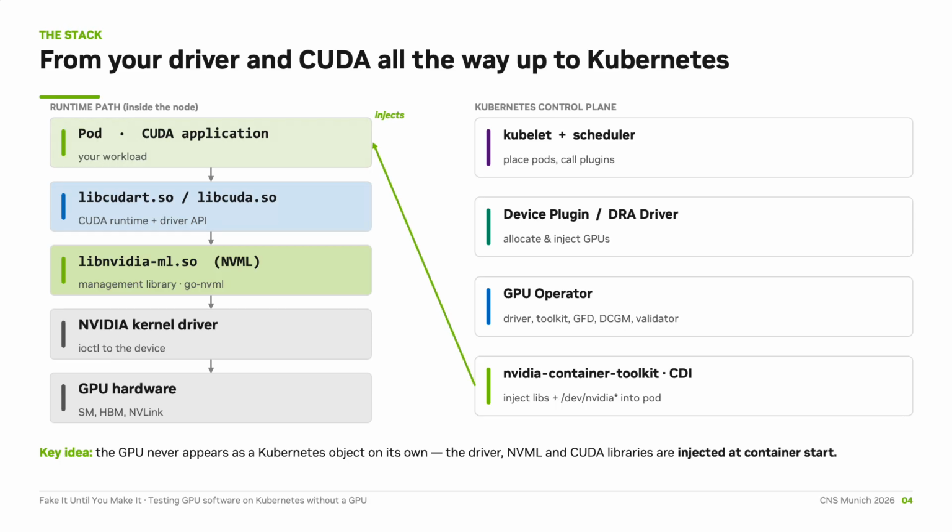For NVIDIA, this mostly happens through the GPU operator that does all the internal wiring. In the end, the NVIDIA Container Toolkit creates a CDI file that it hands over to containerd or CRI-O, which tells the container shim in the kubelet what needs to be injected into your pod when it is running.